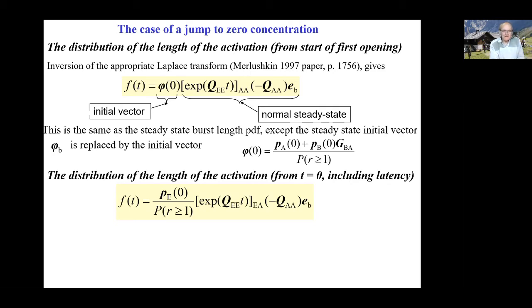But it turns out that this involves just the same exponential of the burst section of the Q matrix, the EE section, but rather than taking the AA subsection of this matrix, we take the EA subsection.